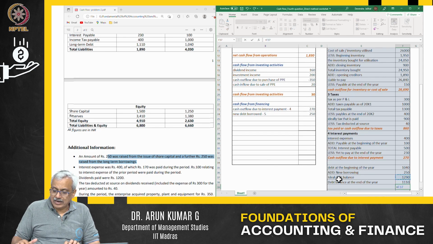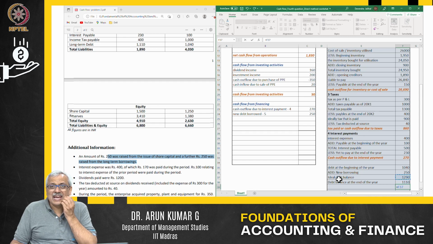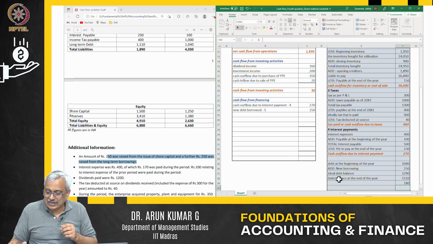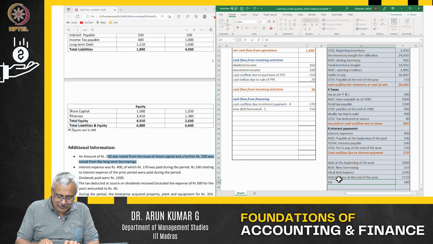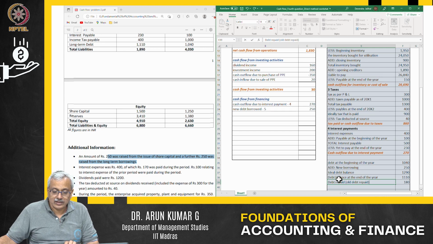That means 1290 should have been there, but only 1110 is there. That means this is the amount of debt you should have repaid, or I would say old debt repaid is 180.